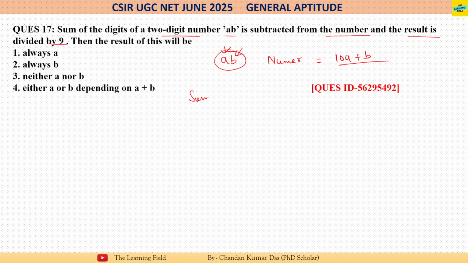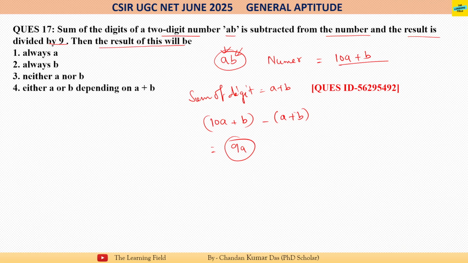Sum of digits equals A plus B. Now subtracted from the number: 10A plus B minus A plus B, this is equal to 9A. B cancels out.